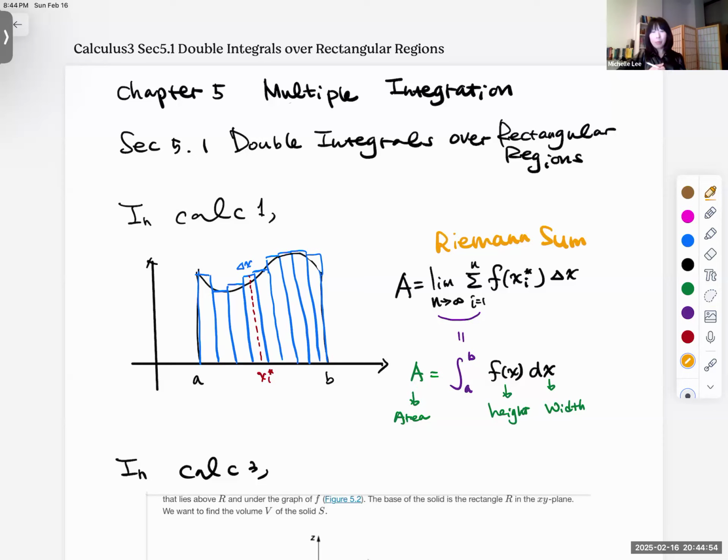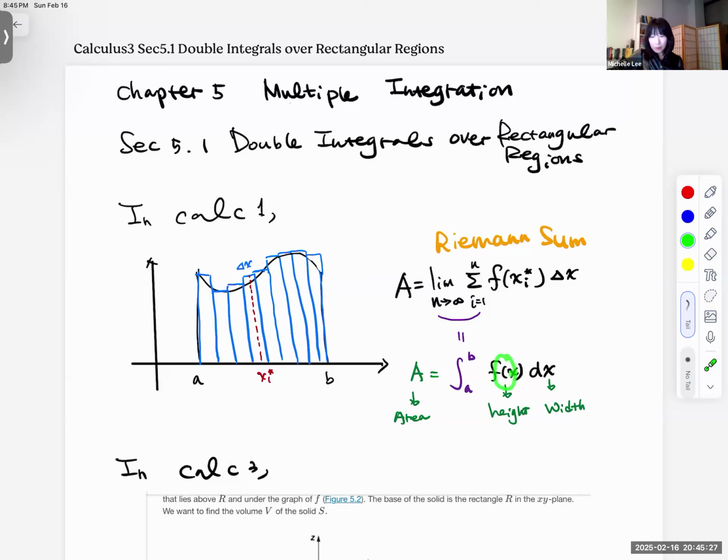Riemann was a mathematician from Germany, right? And then from Calculus 1, we can find area by using integration. So this summation and limit goes to the integral. In that case, it's a definite integral because we need to find the area under the curve, from a to b.